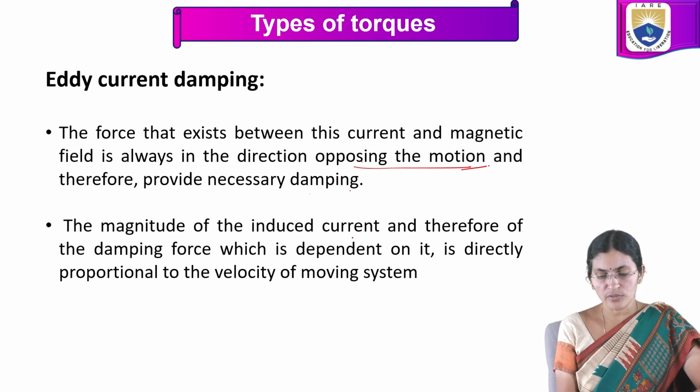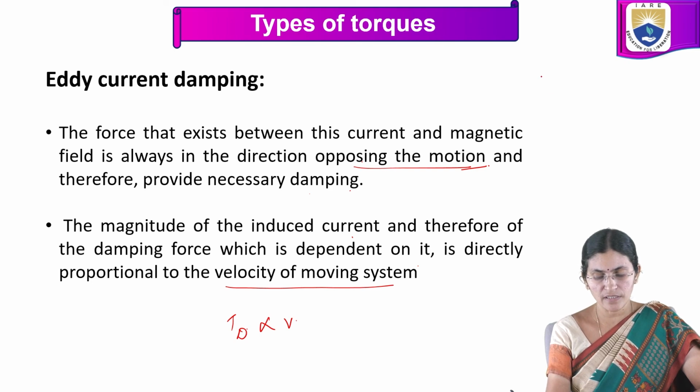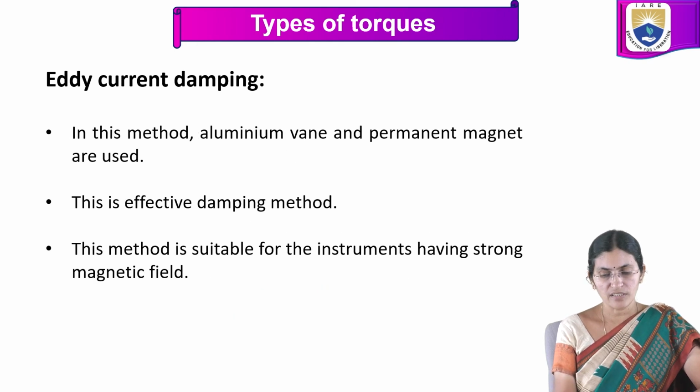The magnitude of the induced current, and therefore the damping force, is directly proportional to the velocity of the moving system. So damping, represented by dB, is proportional to velocity of the system. In this method, aluminum vane and permanent magnets are used.